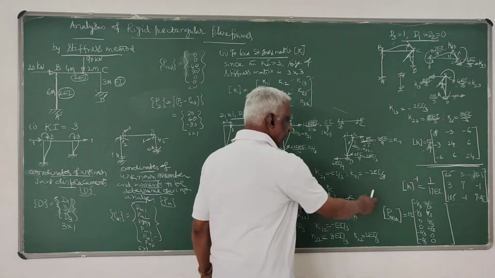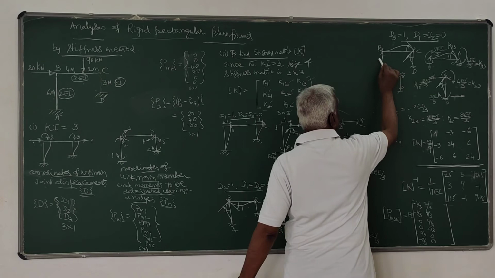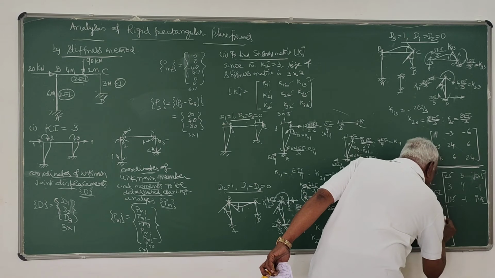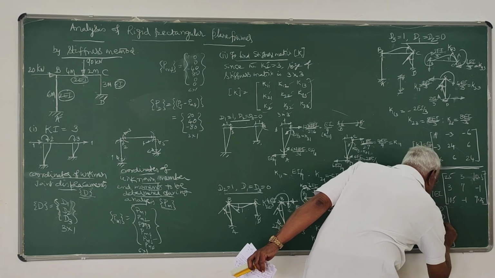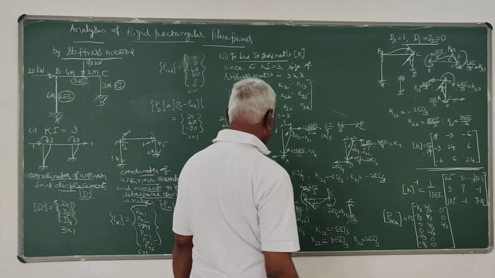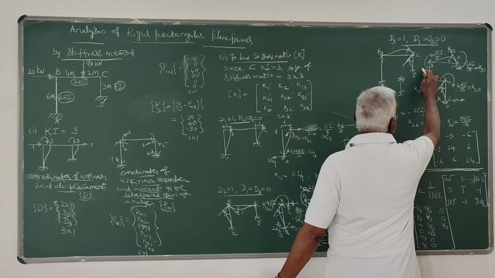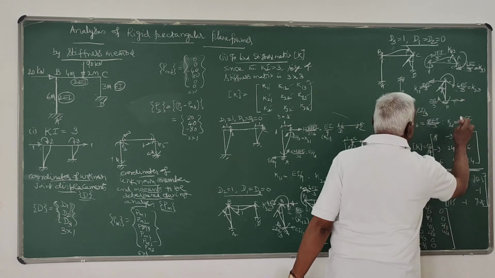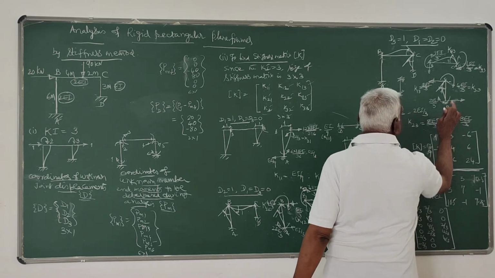And lastly, in the PMU method, when unit displacement is given along 3, the corresponding PMs: PM1 0, PM2 0, PM3 2 by 3, clockwise only, positive 2 by 3, okay, it is 2 by 3, and PM4 is 4 by 3, PM5 is 4 by 3, PM6 is 2 by 3.